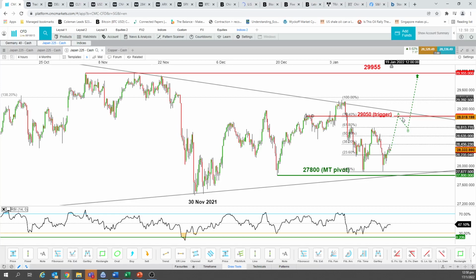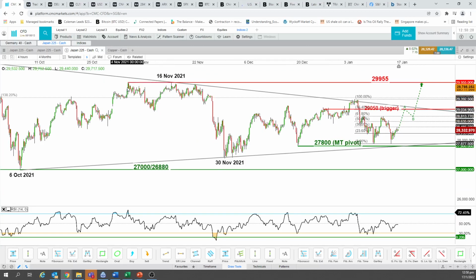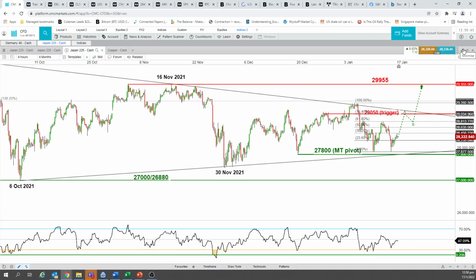If we have a daily close above 29,050, we could validate a bullish breakout to test the swing high area of 4th of November and 16th of November, a resistance at 29,955. So no major changes on the Japan 225, except that I slightly lowered the upside trigger level.